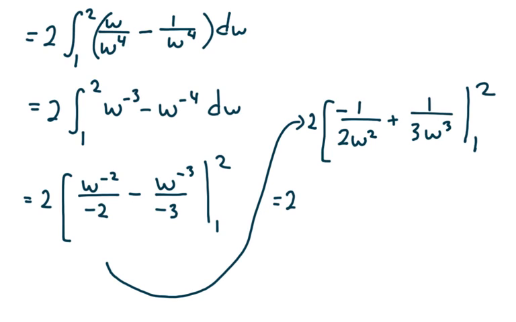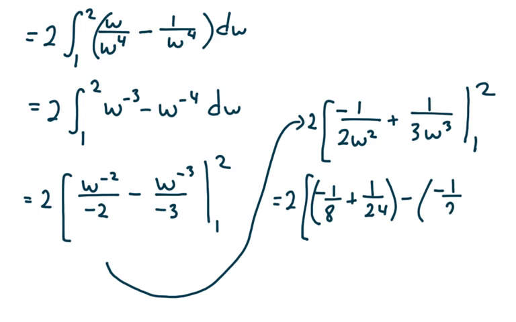And so this is 2 times. I'm going to put 2 in for w, and I'm going to get negative 1 over 8 plus 1 over 24. And I'm going to put 1 in for w, and I get negative 1 over 2 plus 1 over 3. Just like this.